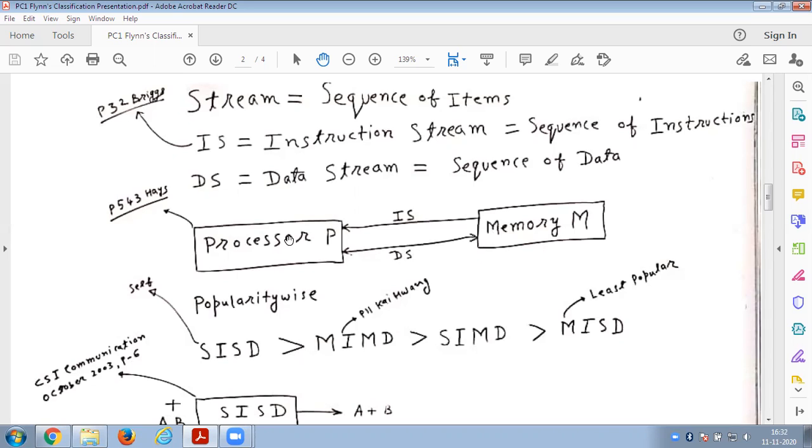Then the processor is processing or executing the instruction and writing the result back in the memory. Therefore you can see there is a two-directional arrow here, but here there is only a one-directional arrow. That means instruction is being taken from memory into the processor, and the processor takes data, processes it, and then writes the result back into the memory.